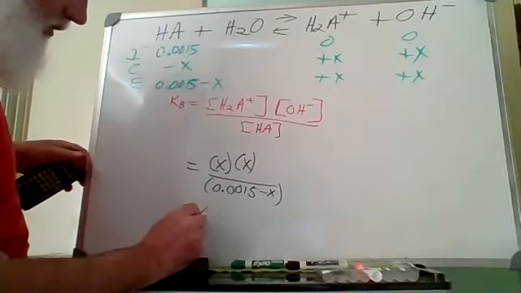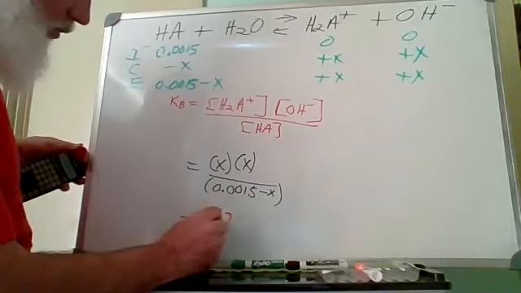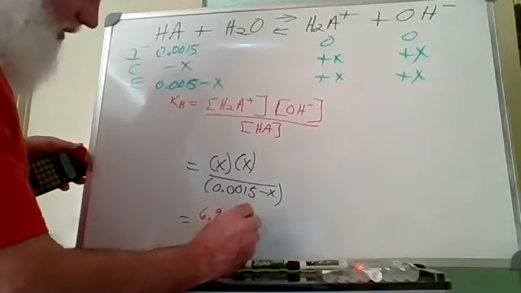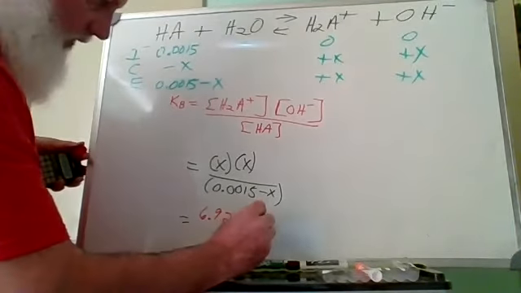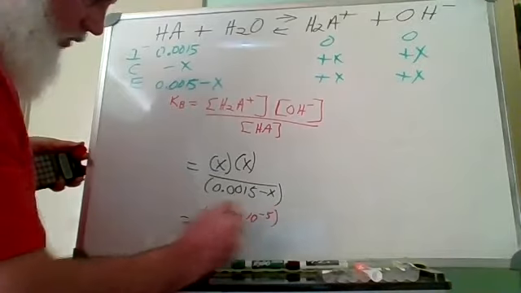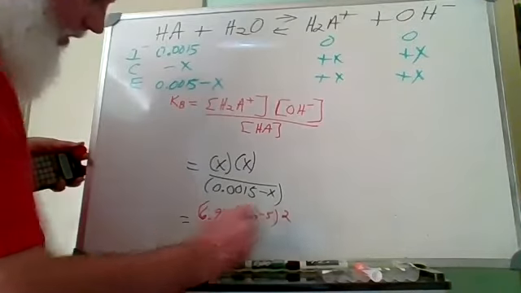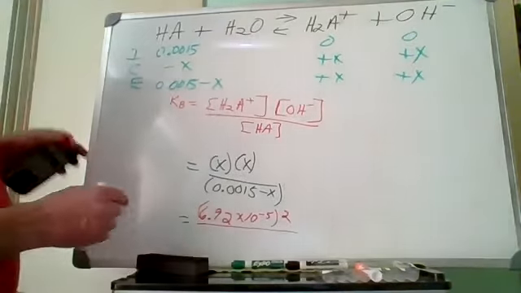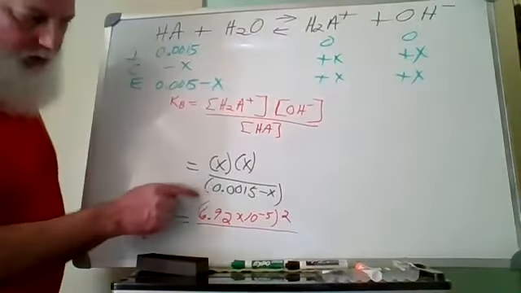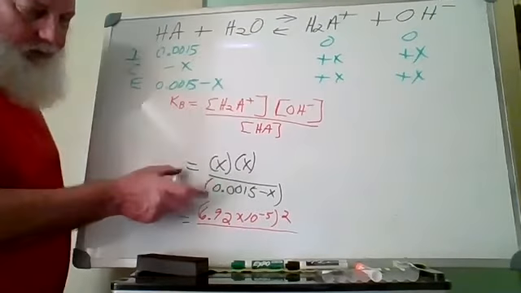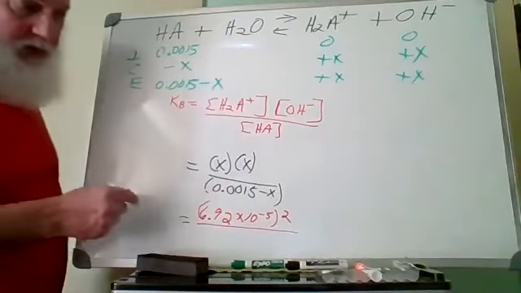So 6.92 times 10 to the negative fifth squared divided by, now again, I picked a different color so that you could see, but you guys should not cram all your stuff together.